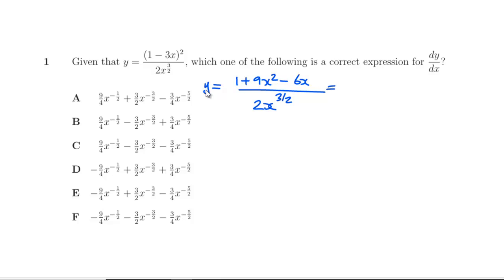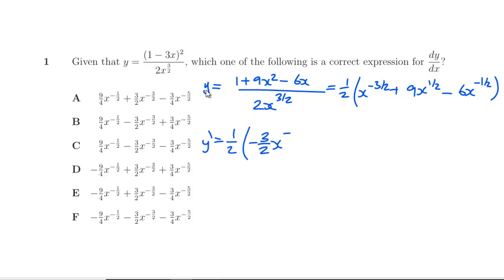And then I can say, let's put the half on the outside, x to the minus 3 over 2, and then 9x to the half, and then minus 6x to the minus a half. So y dash, let's leave the half there, minus 3 over 2, x to the minus 5 over 2, plus 9 over 2, x to the minus a half, and then plus 3x to the minus 3 over 2.